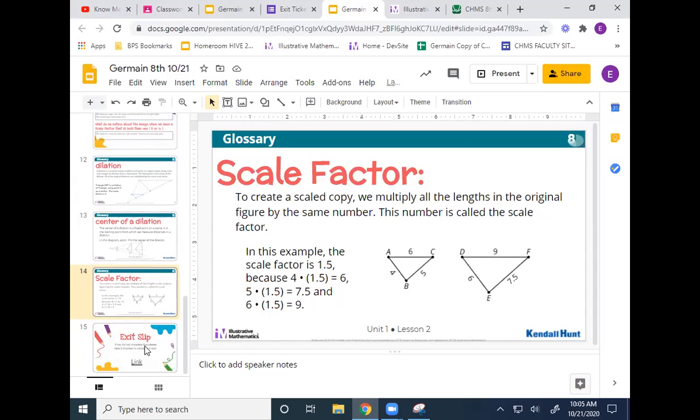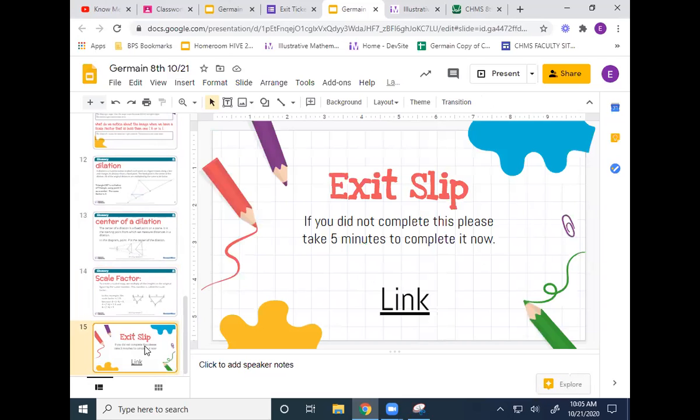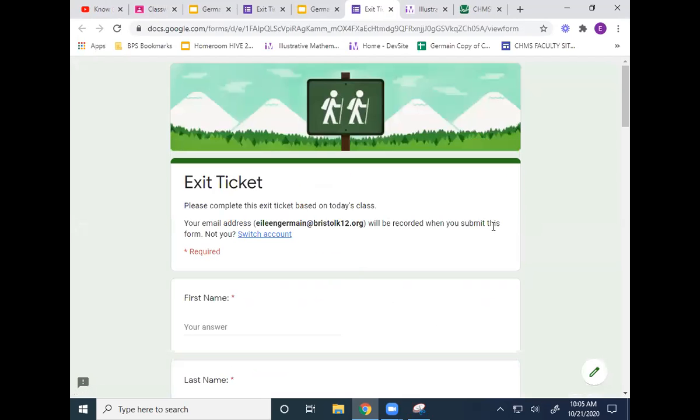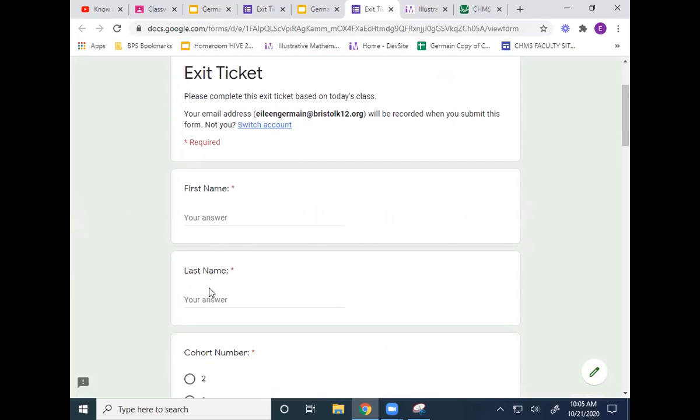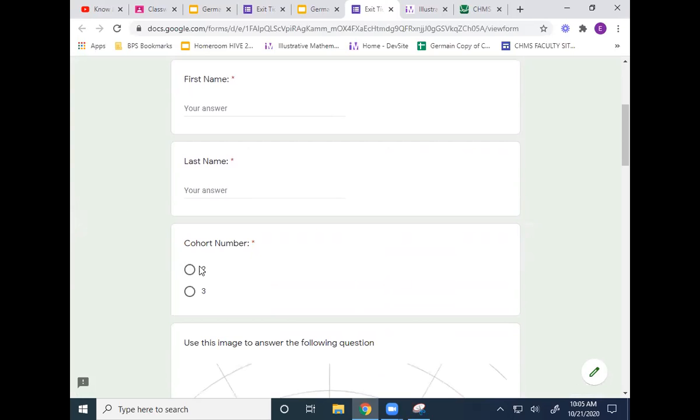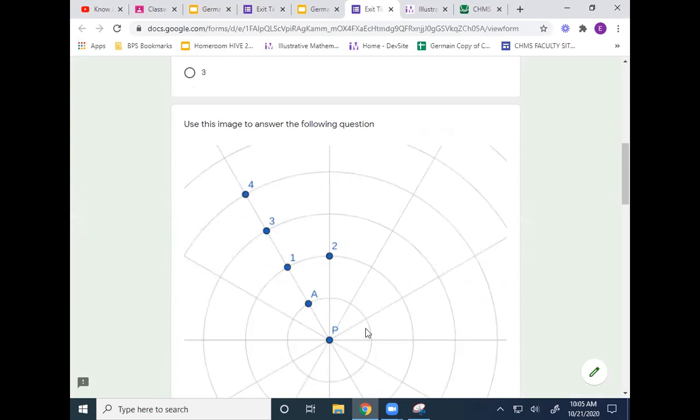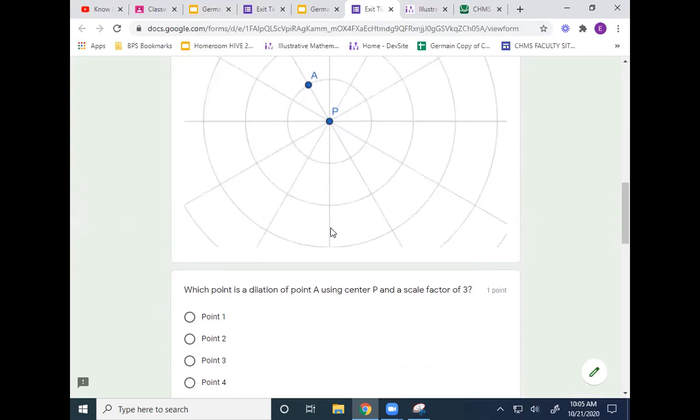Okay? So ladies and gentlemen, you guys did fantastic today. What you're going to close off the day doing is this exit slip here. Some of you had the opportunity to complete it in class, so you don't need to complete it again. I'm putting it here for the people that didn't get a chance to complete it. So it's first name, last name, cohort number, and we're going to use this circular grid right here to find which point is the dilation of point A using center P and a scale factor of 3.